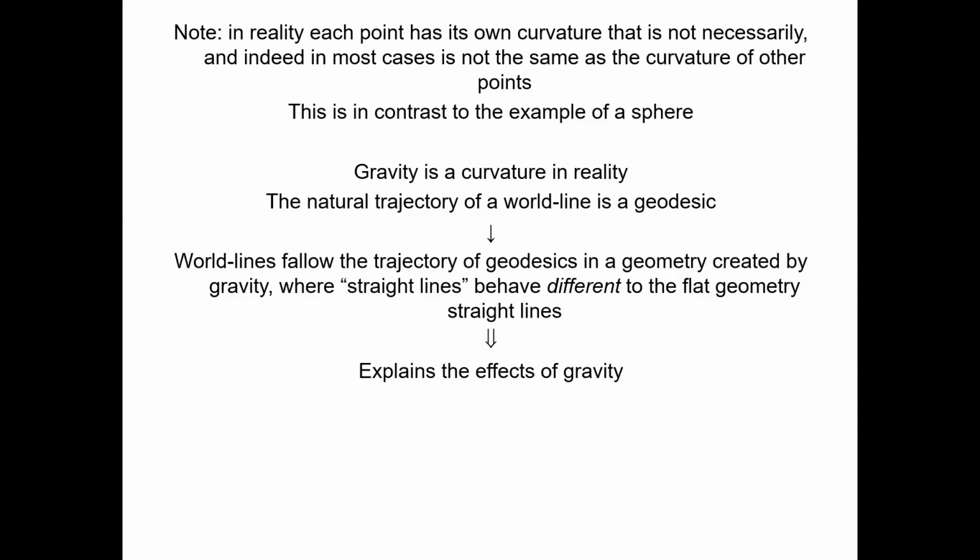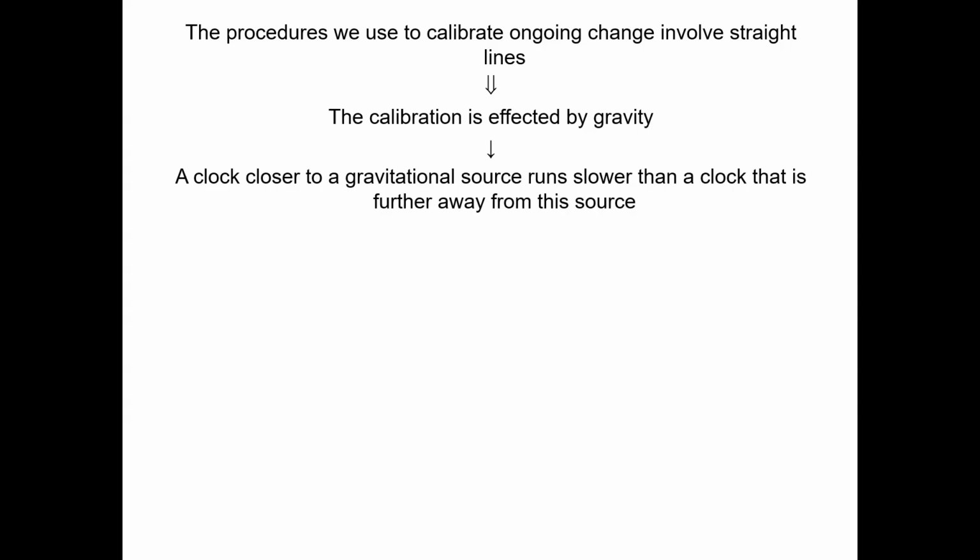Now, in this mechanism that explains the known effects of gravity, we can also find some hidden consequences. Because the procedures that we use to calibrate hour change involve straight lines, the calibration is affected by gravity. Gravity affects how straight lines behave, and therefore it affects our calibration mechanism. And this is manifested in the following way.